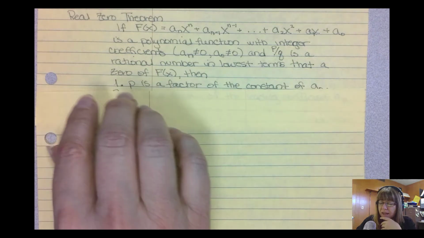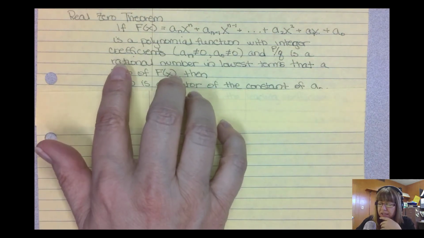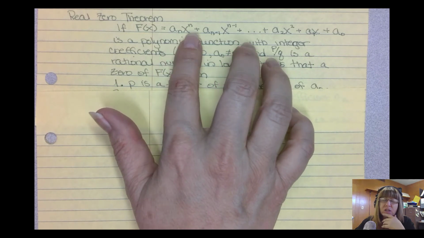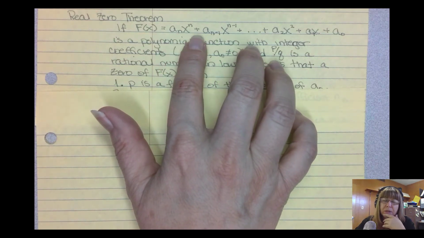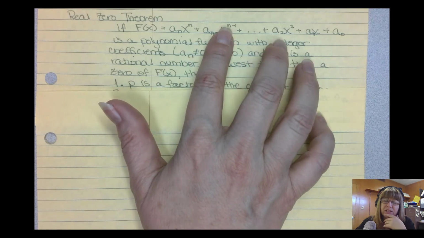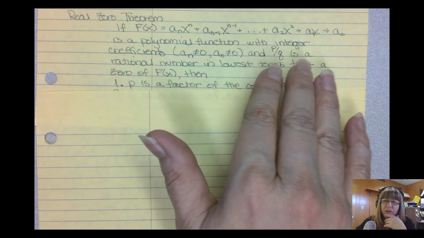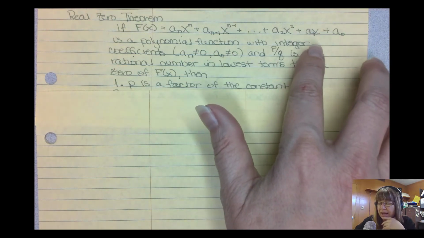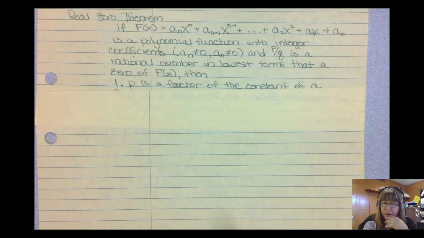So let's say we have a polynomial function in the form a sub n x to the power of n plus a sub n minus 1 times x to the n minus 1, and so on, all the way down to a sub 1 x plus a sub 0, where those subscripts are just a way of indexing our coefficients.